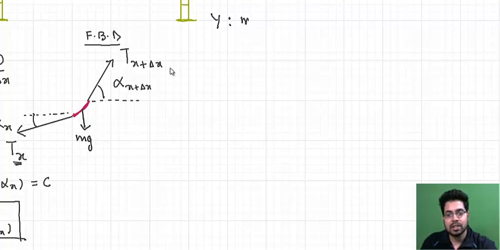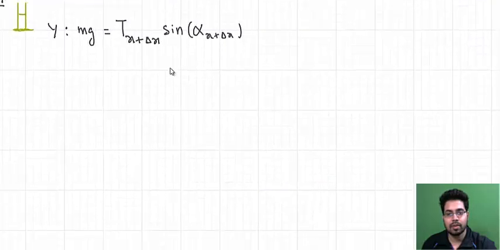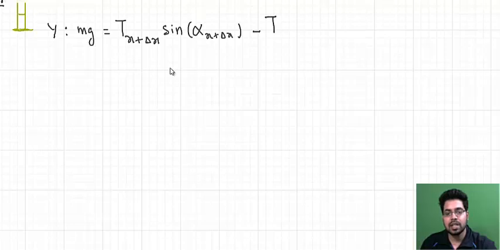So I will write mg equals, taking the vertical component, T at position x plus delta x times sine of angle alpha at position x plus delta x, minus tension at position x times sine of alpha at position x.